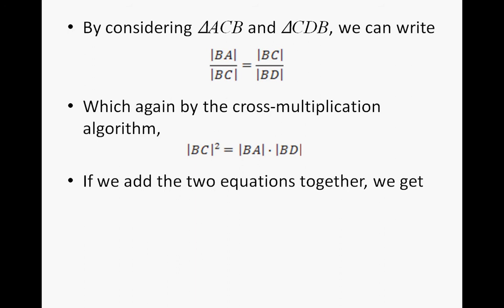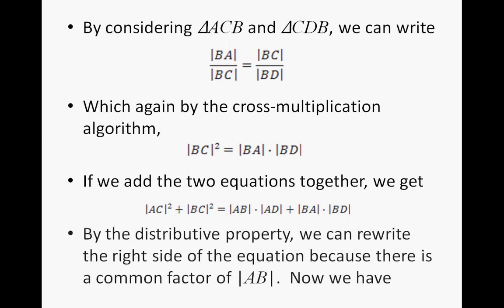So if we add these two equations together, we will get that AC squared plus BC squared is equal to these two expressions added together. By the distributive property, we can rewrite the right side of the equation because there is a common factor of the length of AB, which is right here.